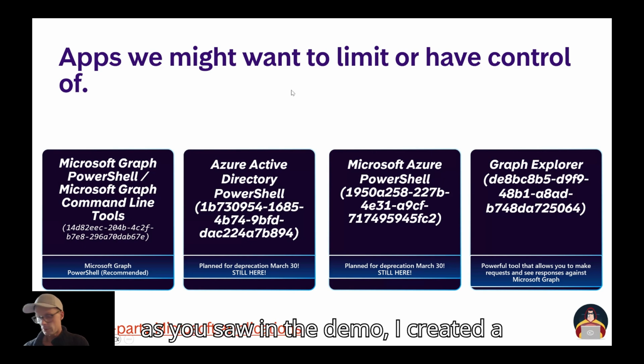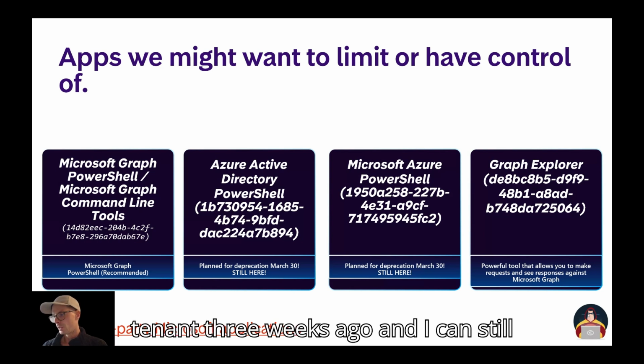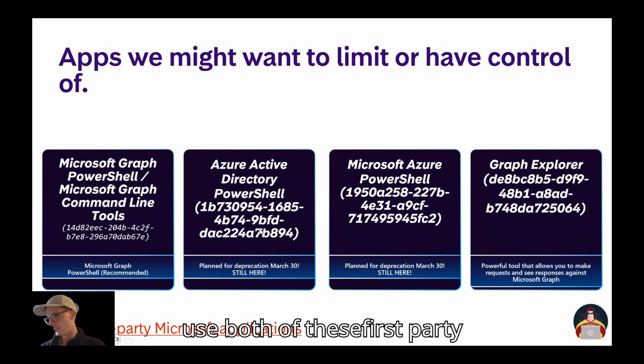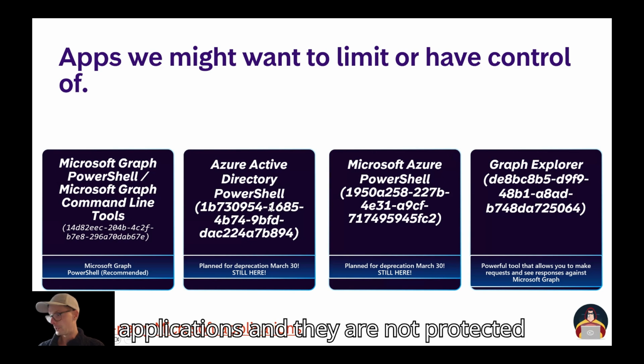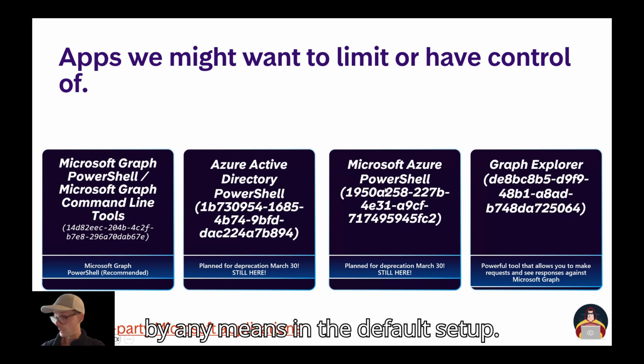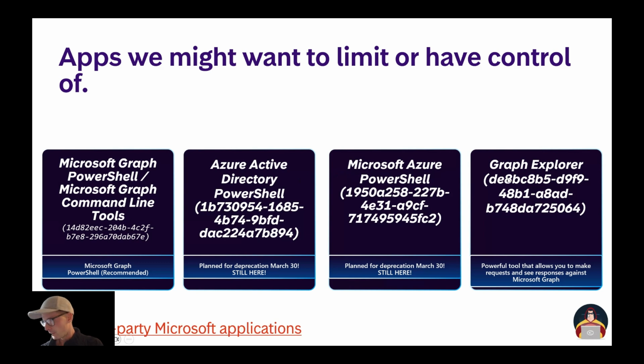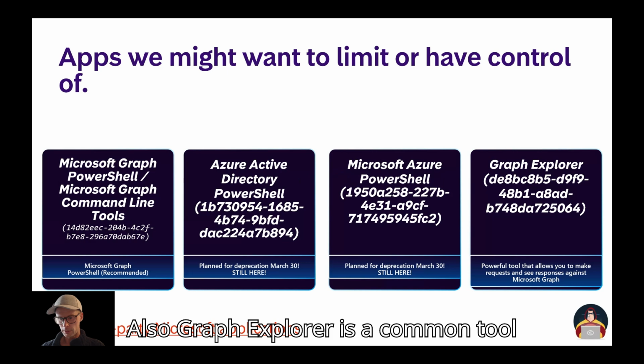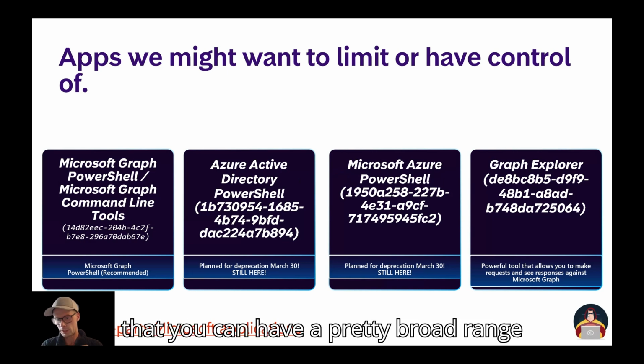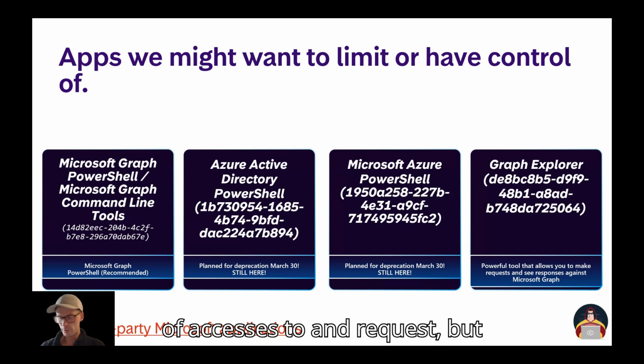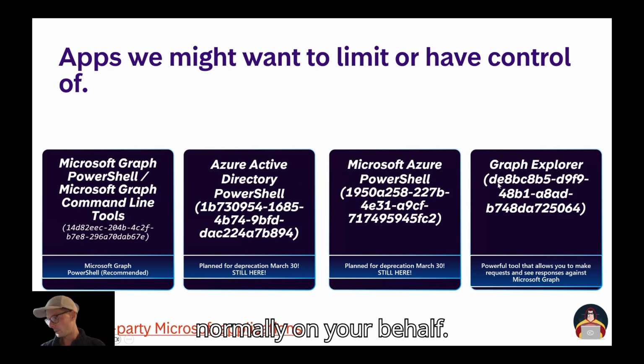But as you saw in the demo, I created a tenant 3 weeks ago, and I can still use both of these first-party applications, and they are not protected by any means in the default setup. Also, Graph Explorer is a common tool that can give a pretty broad range of access and requests, but normally on your behalf.